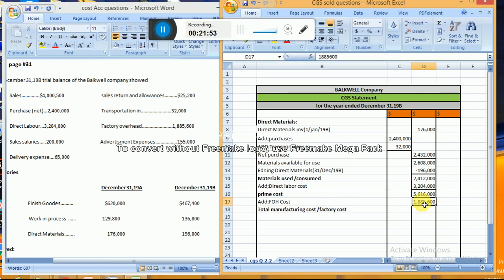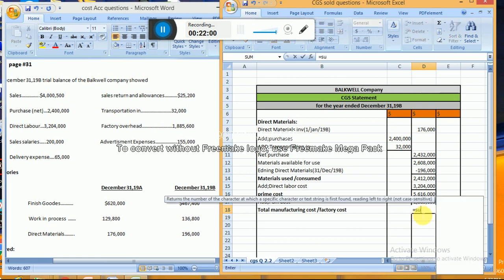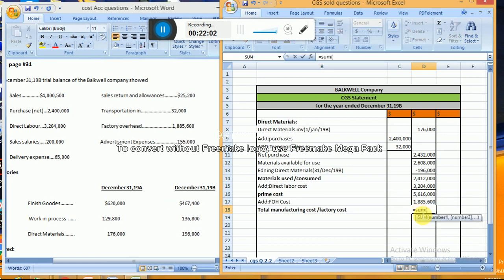How much? Now, we will add this cost plus this prime cost, that is equal to 75,01,600. This is called total manufacturing cost, or total factory cost.